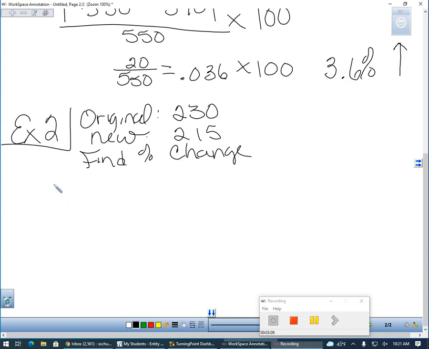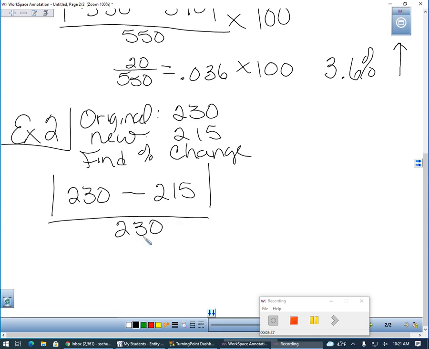All right, so again, absolute value, original, which is 230, minus new, which is 215, divided by 230, then we're going to times it by 100. So we have 230 minus 215, it's 15, divided by 230.